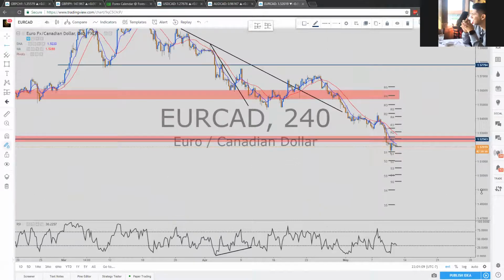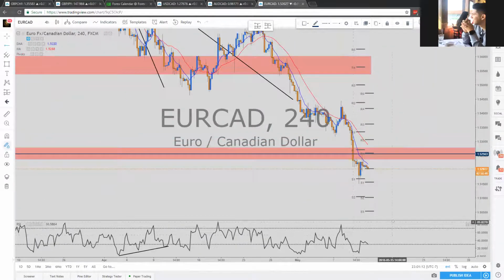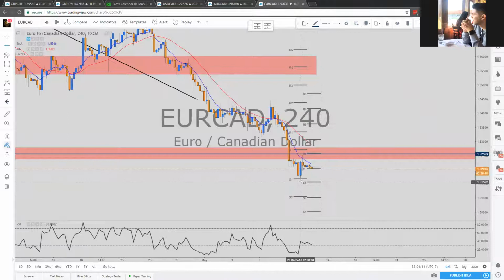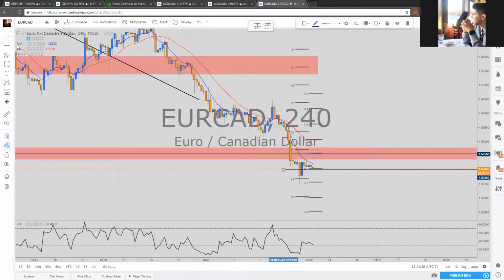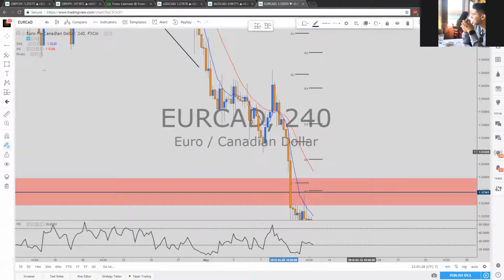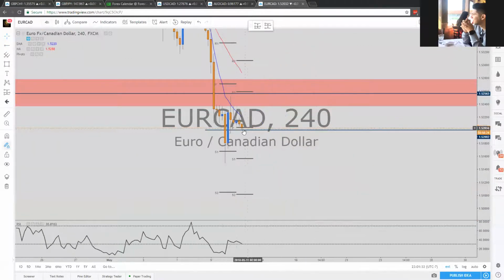Go on to the 4 hour. Price is oversold, and it's also around the 0.0 level. We can see it's at 1.52000, and pivot point is right there. So there might be some movement going up from here, some reaction.